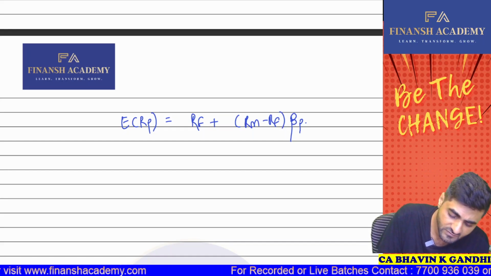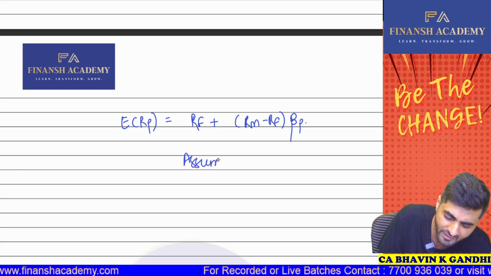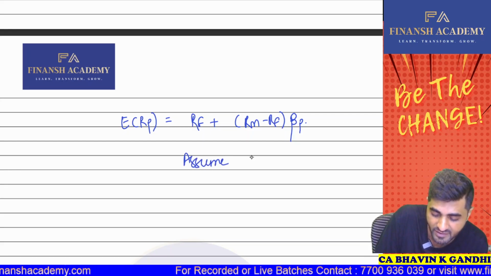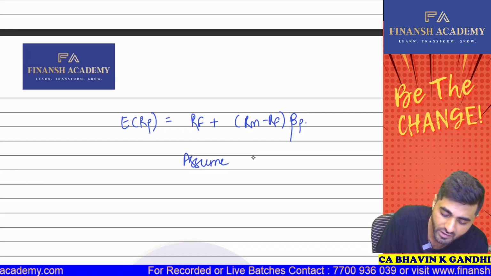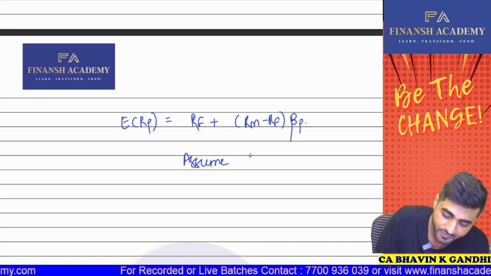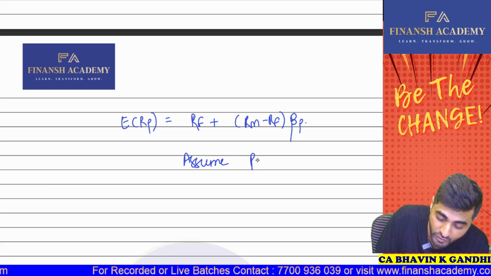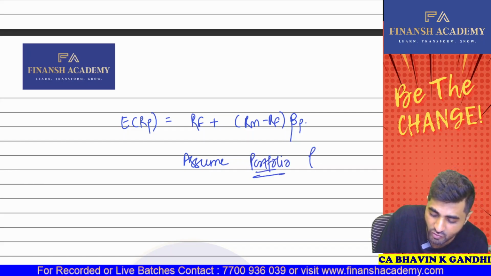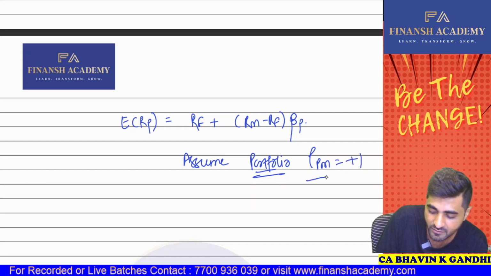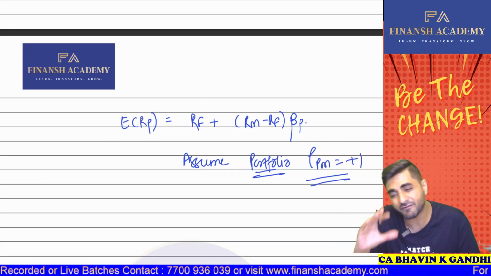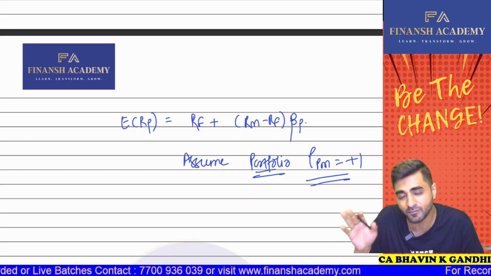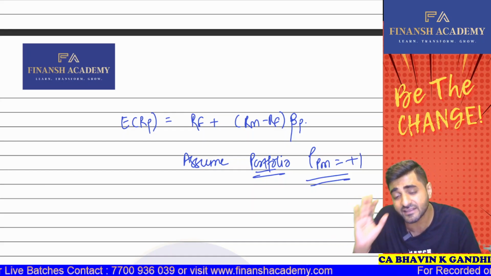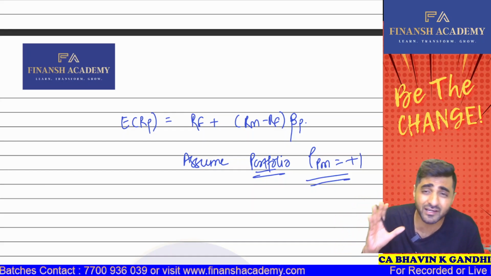Now, we assume in capital market line that whatever is your portfolio, it has the correlation coefficient with the market as +1. Okay, so there is going to be perfect positive correlation with the market. So a portfolio is going to move exactly in the same direction as the market.